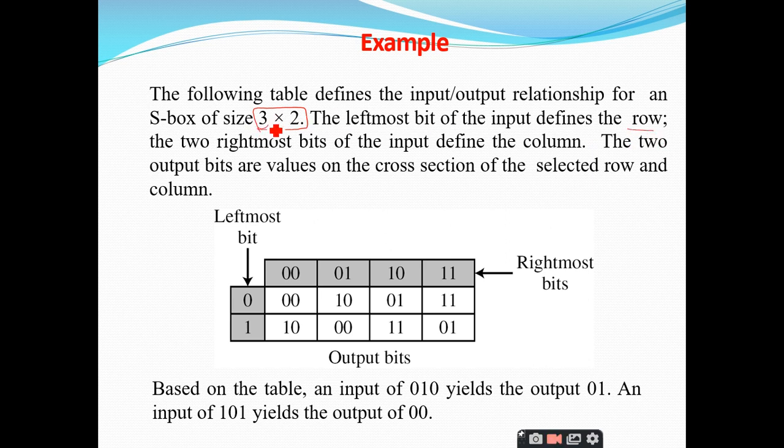So how many inputs are there? 3, sir. 3, right? For example, let me take this 100. What is the leftmost bit I have here? What is the leftmost bit in 100?